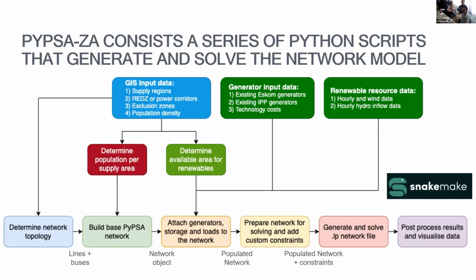Essentially all that does is figure out, if you want an output file, let's say you want to check how much renewable energy you can build in the red zones for a CO2 limit constraint, it will work backwards and find out what all the input files are that I need to generate to get there. Has anything changed since the last time I ran the model?